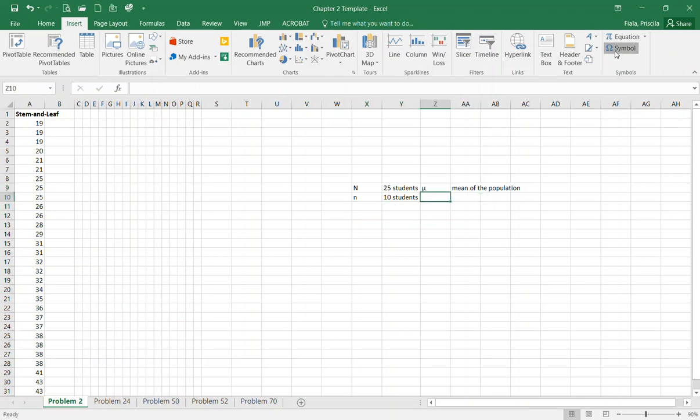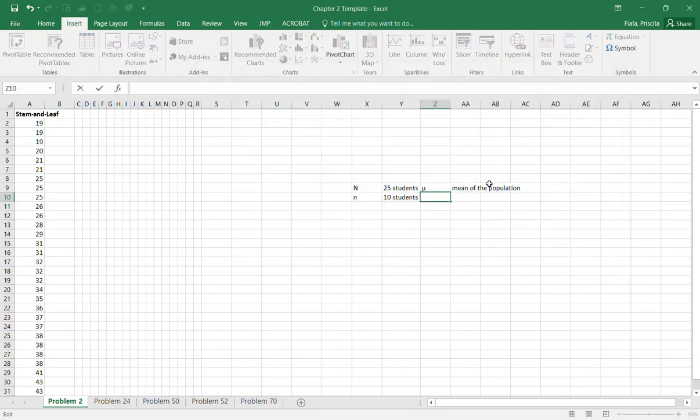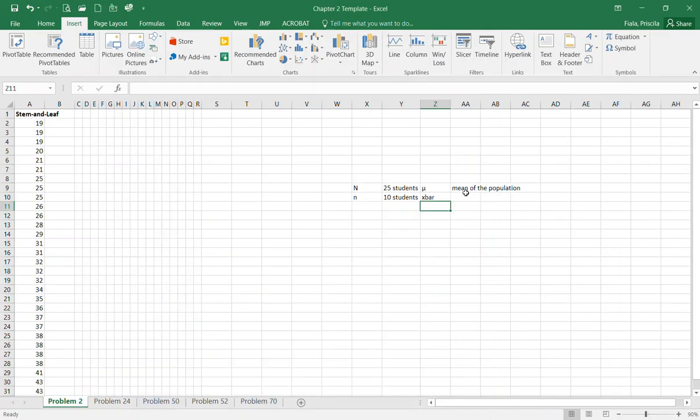And I couldn't find the X bar, which is an X with a bar on top, and I don't want to spend too much time on it. So sometimes you're actually going to see X bar in your book, an X with a bar on the top. That's the mean of the sample of the population.